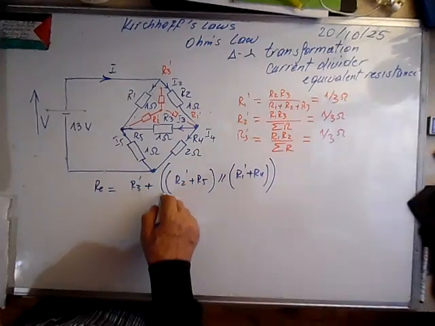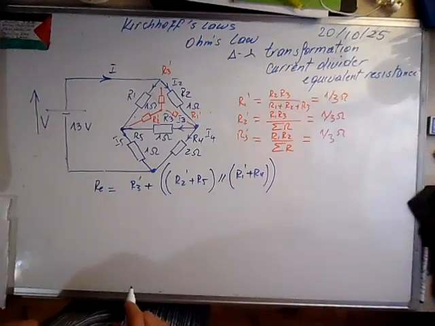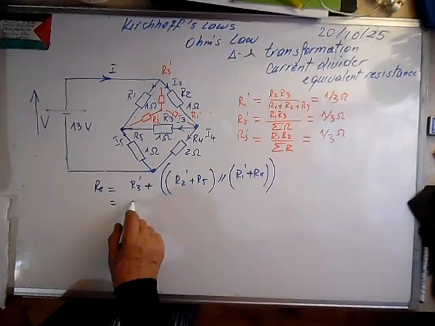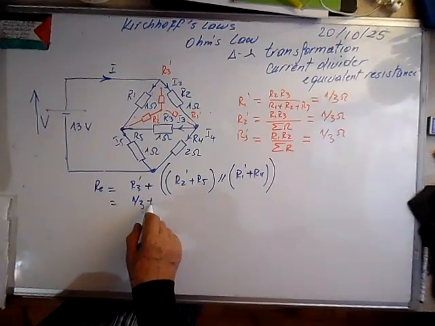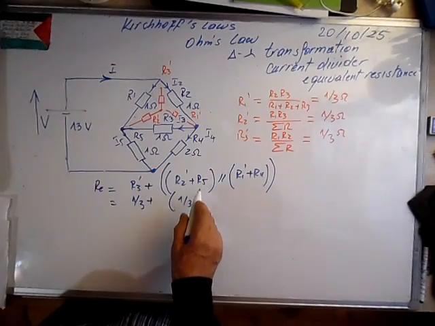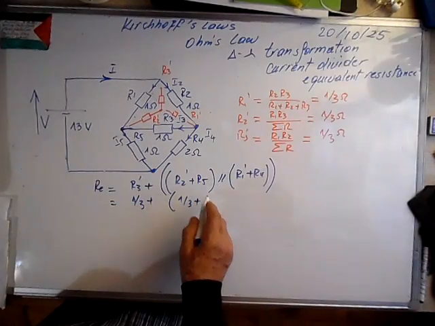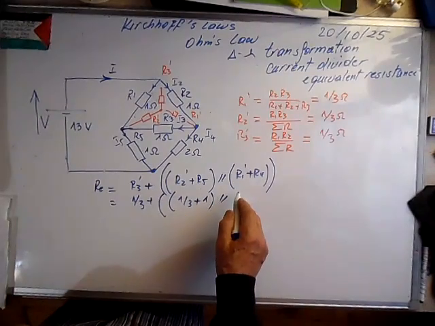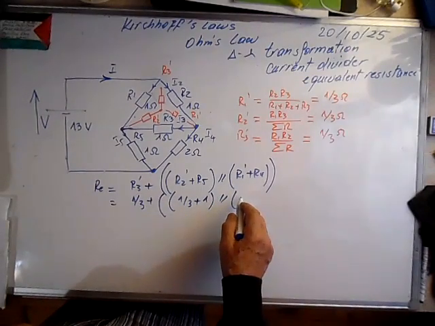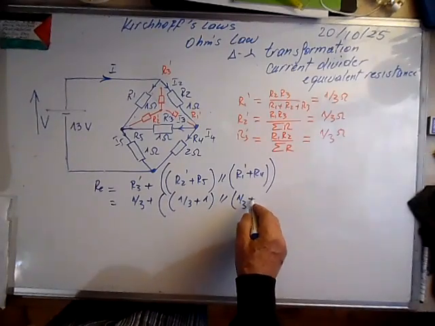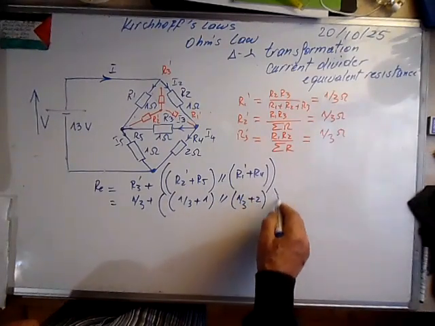That's our equivalent resistance. So R3 prime is 1/3 plus, here we have 1/3 plus R5, which is equal to 1, in parallel with 1/3 plus R4, which is equal to 2.